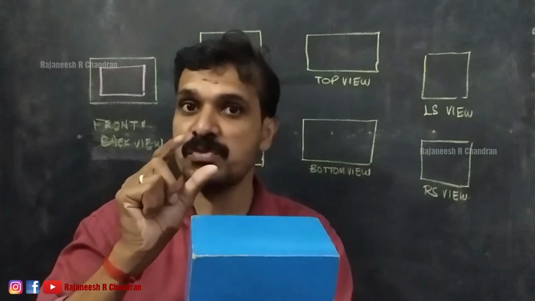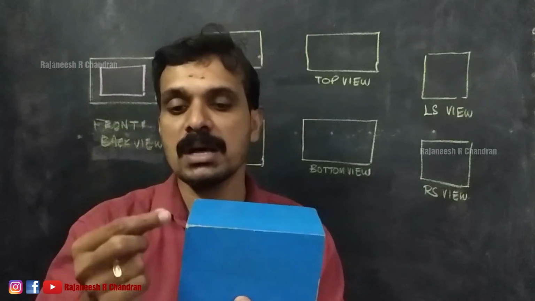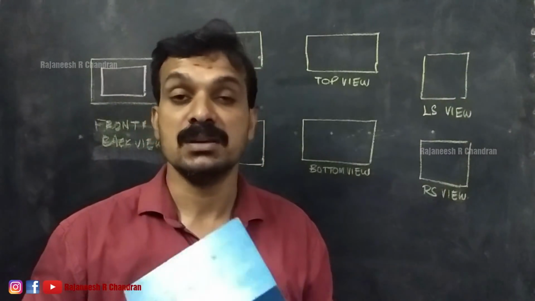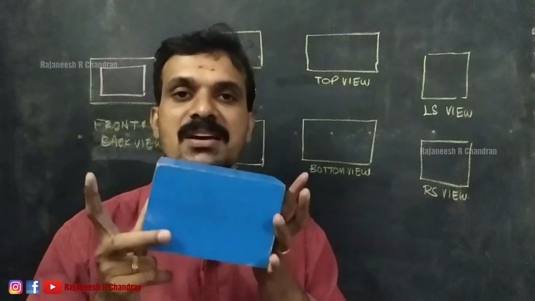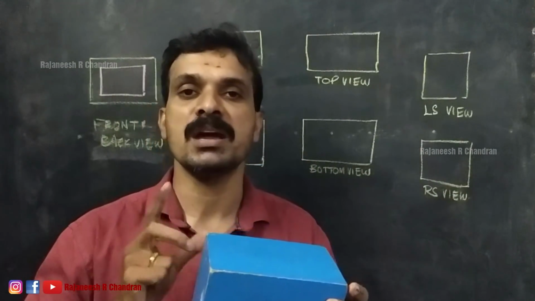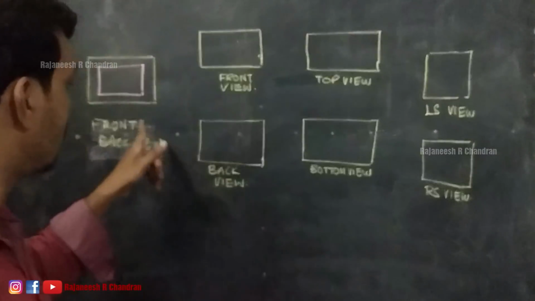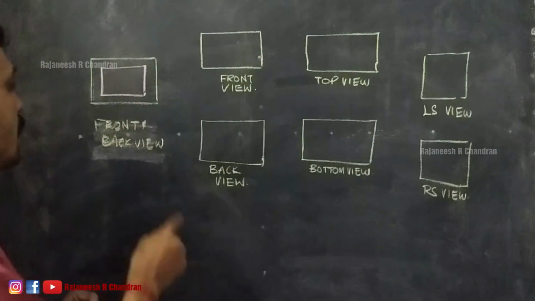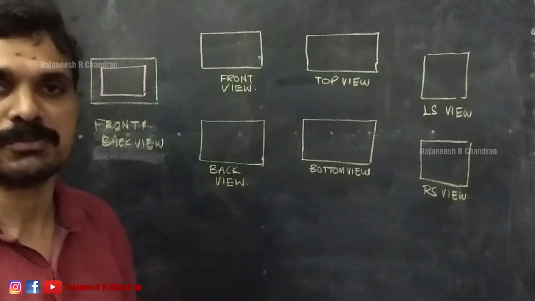So, if we are able to draw the visible and invisible edges with some differentiation, then we can combine this front and back view as a single one like this. Here we use a yellow color for the front view and a pink color for the back view, right?